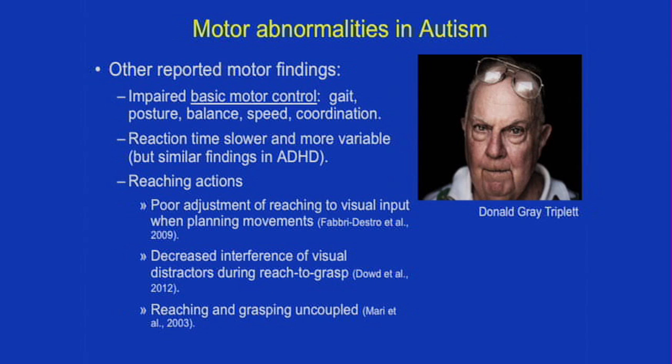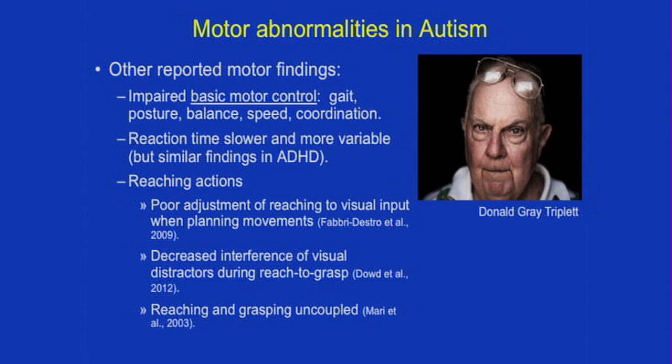However, people have started to look, including ourselves, at more specific motor impairments. I want to mention a few here that have examined basic motor control, and then I'm going to get into some more detail on looking at more complex motor actions. So people have looked at, for instance, reaction time, doing various tasks in children with autism, and it's generally slower and more variable.